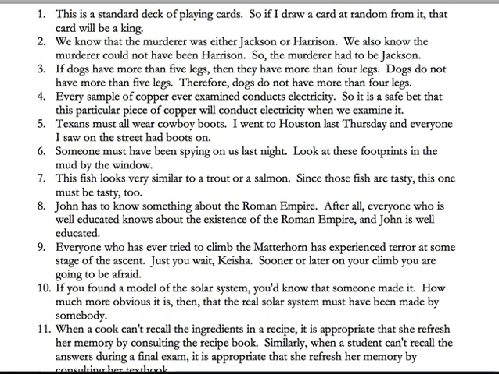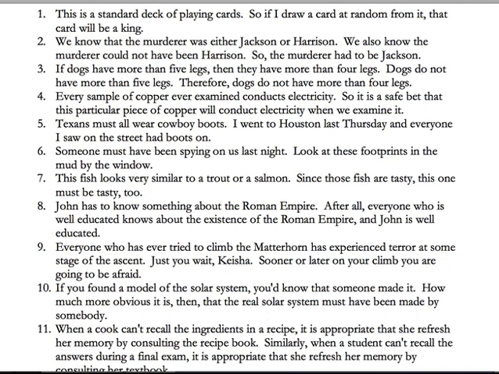Texans must all wear cowboy boots. Therefore, I went to Houston last Thursday and everyone I saw on the street had boots on. Well, the timing doesn't feel right. I mean, we're talking about an inference to the past, which you can make. But in this case, it doesn't seem that you would be inferring to the past about having gone to Houston and seeing everyone wear cowboy boots.